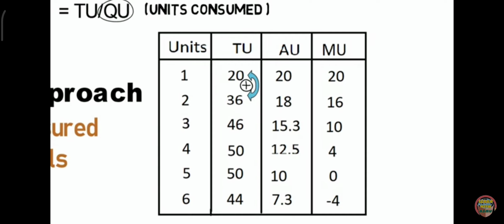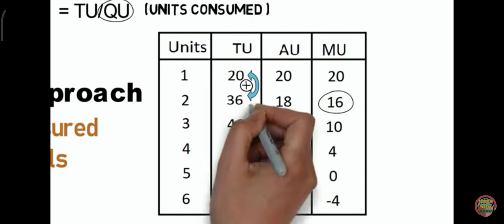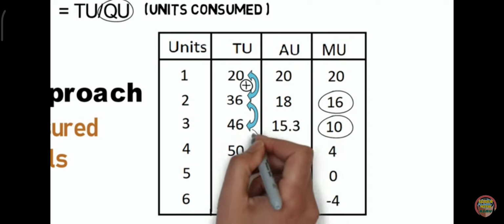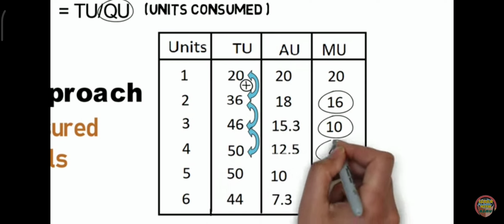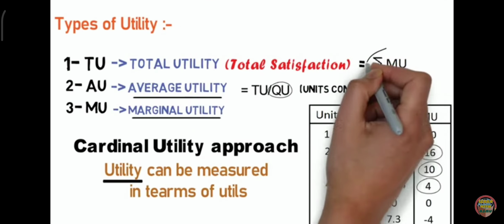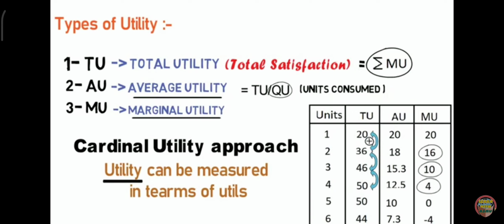So 36 minus 20 gives us 16 as the marginal utility. Similarly, subtract 36 from 46 and you get a marginal utility of 10, and so on. 50 minus 46 gives you 4. So you can find the marginal utility in this way. That is the simple idea to calculate marginal utility.